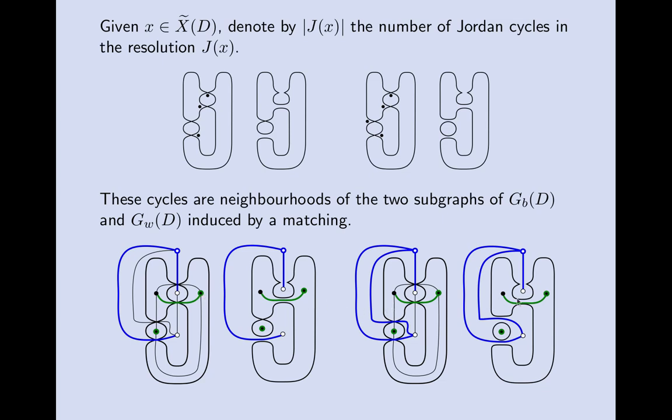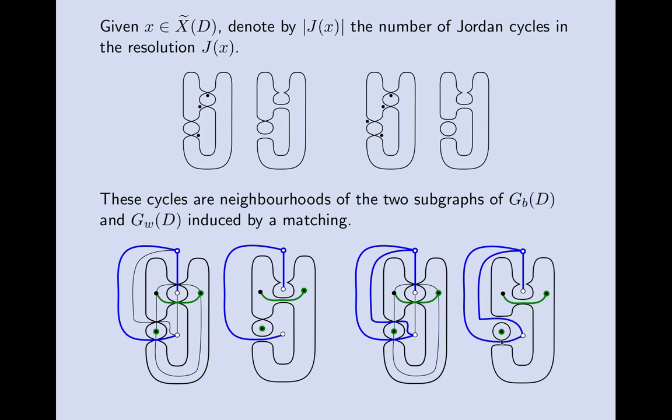And on the right, instead, you can see that even worse, this blue subgraph, which is the subgraph of the white graph induced by the partial Kauffman state here above, is not even simply connected. So it has this loop here.